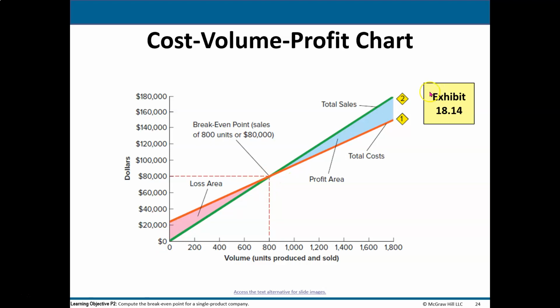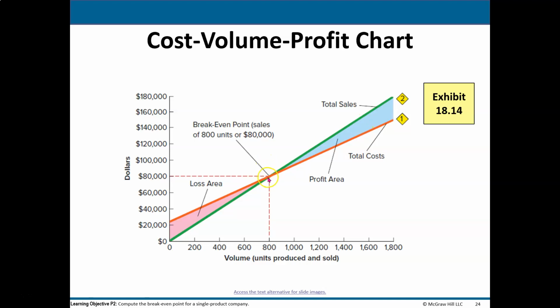Here I break even, and then when my sales right here are greater than my total costs here, then I have a profit. And the more sales I make, the larger my profit will be. And we like that profit area. As a business owner, I like seeing profit, so we want that blue shaded area there.